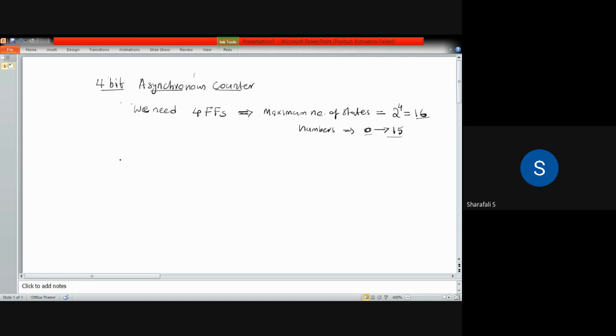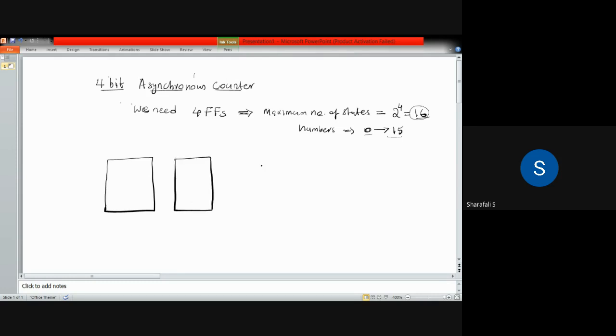So let us construct this particular 4-bit asynchronous counter. If it is asking 4-bit asynchronous counter, or for example, mode 16 asynchronous counter, both are same. Okay, so don't confuse with that. So let us construct the same here with the 4 flip-flops.